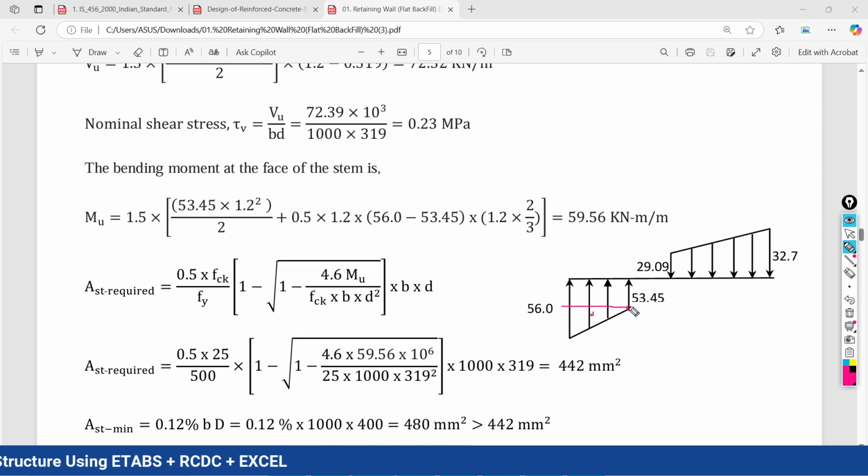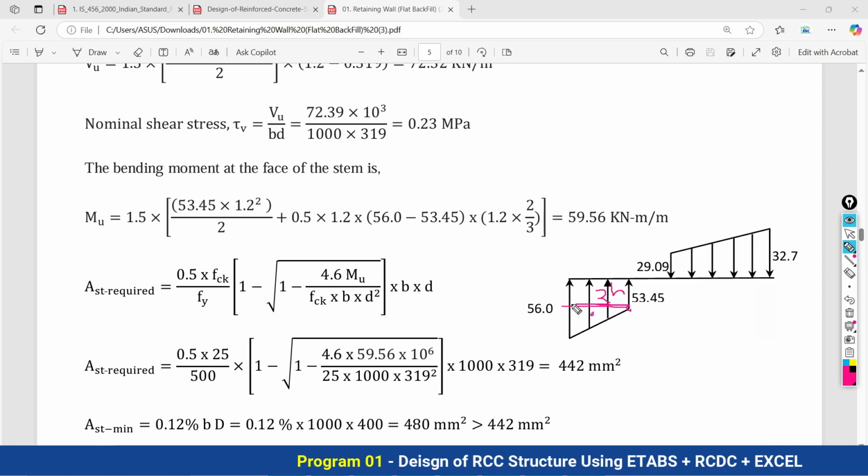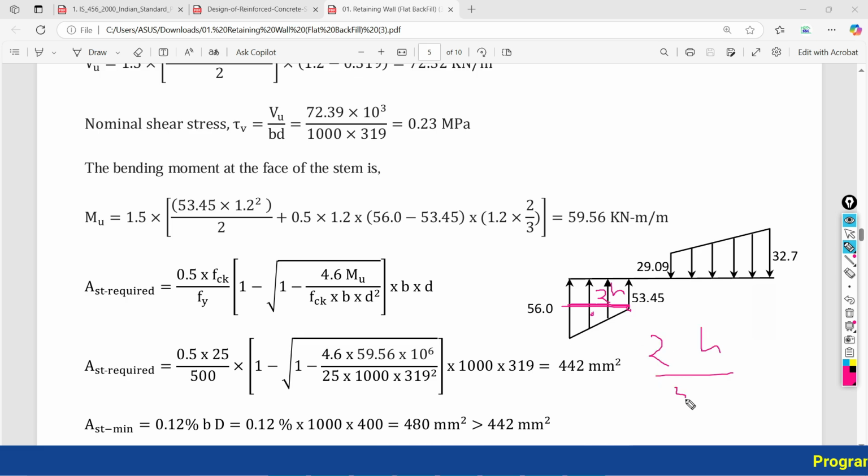From this corner point we have to come to the centroid point, so it is 2h by 3. This is the base, which becomes the height if you measure from this point. So it is 2 by 3 of 1.2.